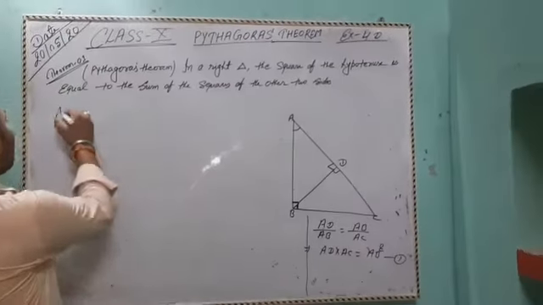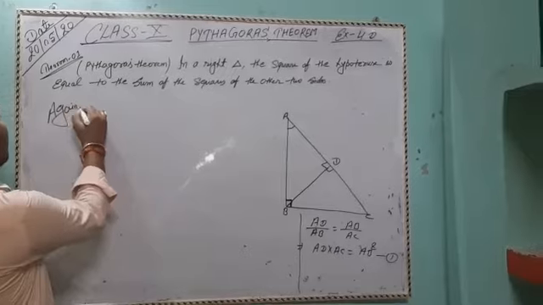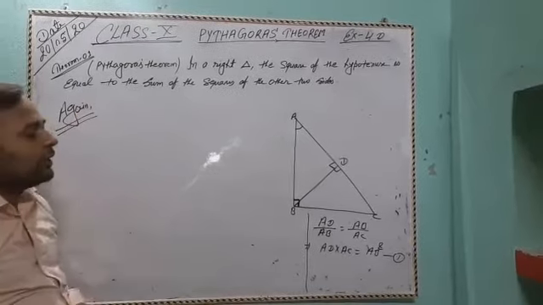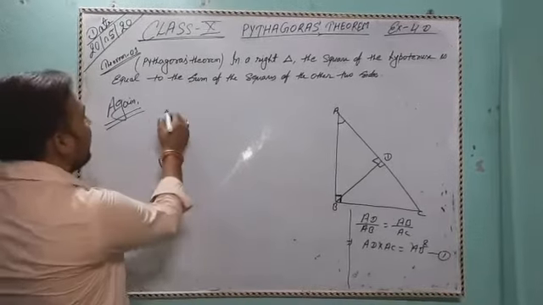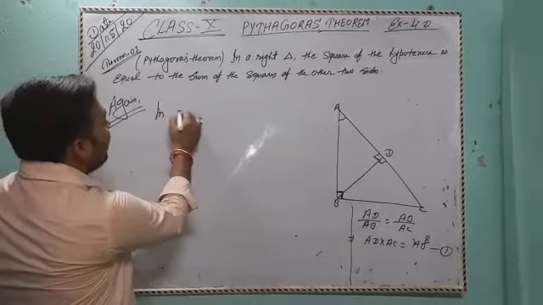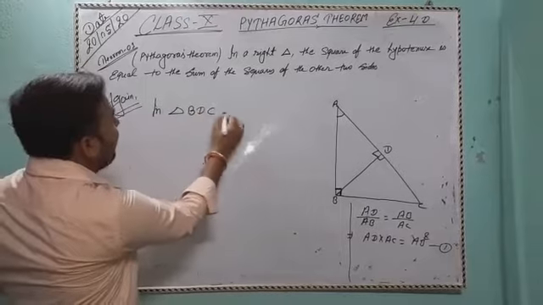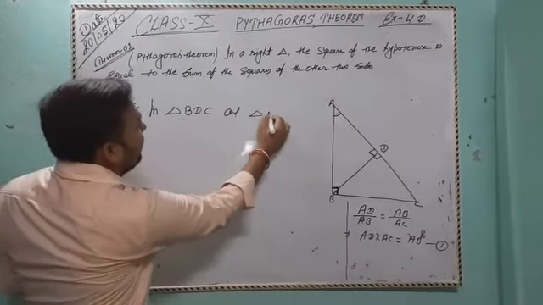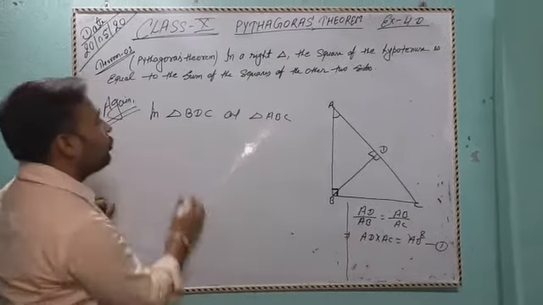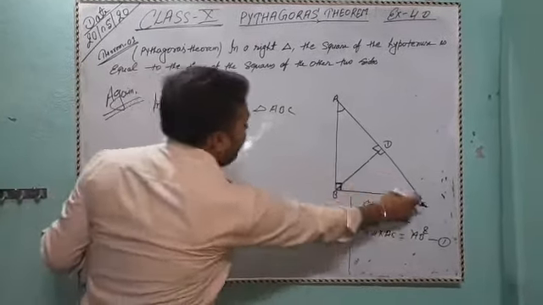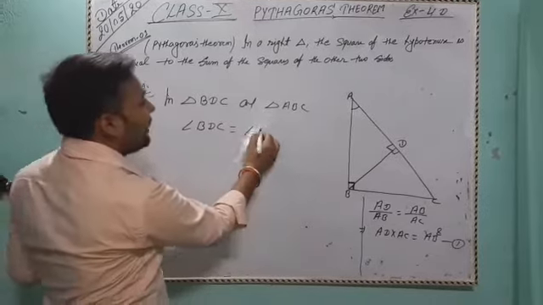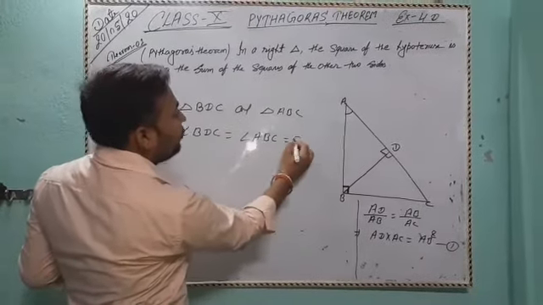Again, students, in the small right angle triangle BDC and triangle ABC, angle BDC equals 90 degrees equals angle ABC equals 90 degrees.